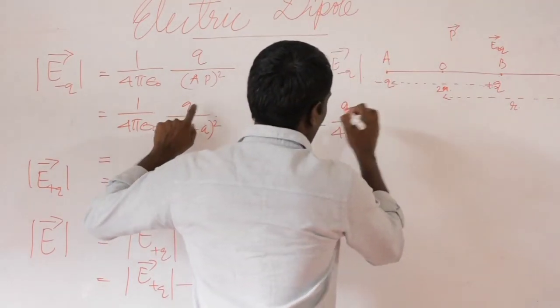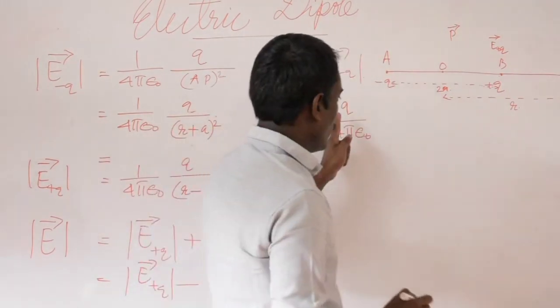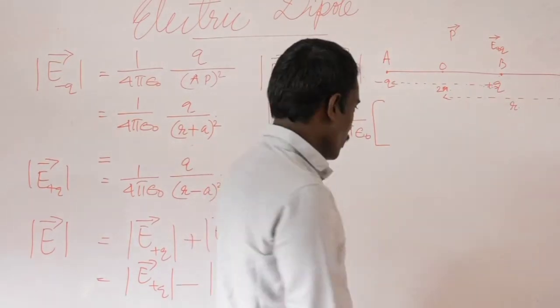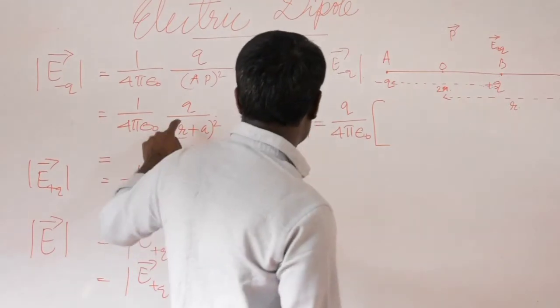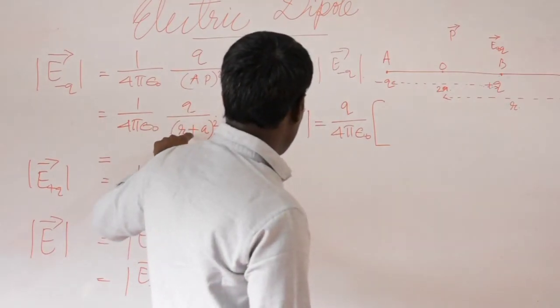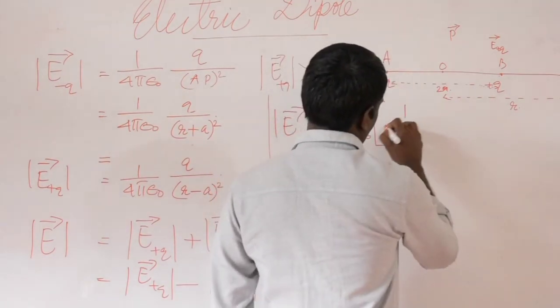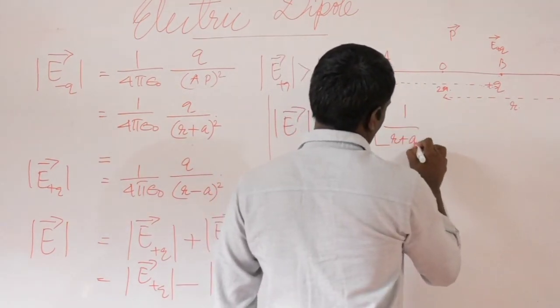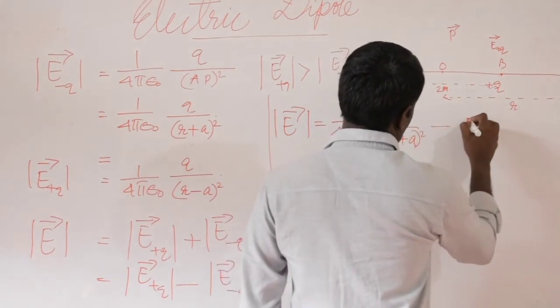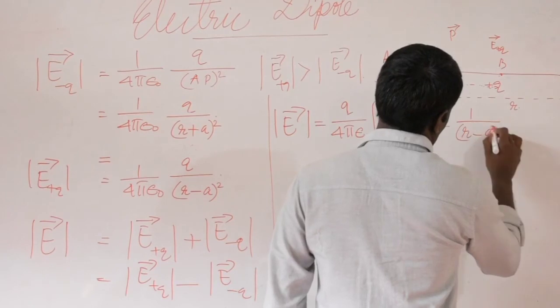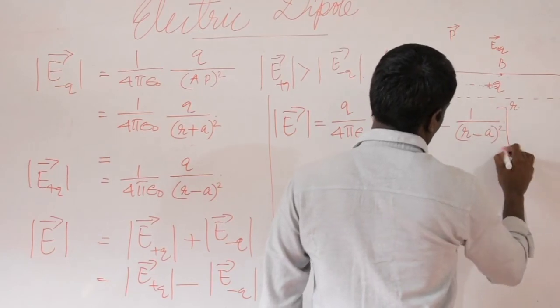So this will be Q divided by 4 pi epsilon 0 into what is remaining: 1 divided by (R plus A) square minus 1 divided by (R minus A) square.